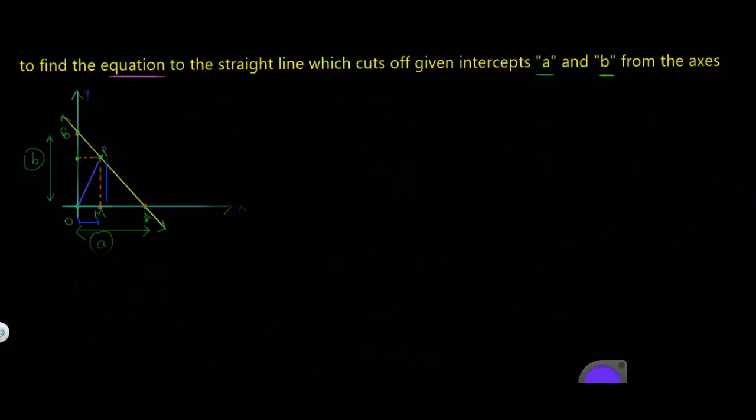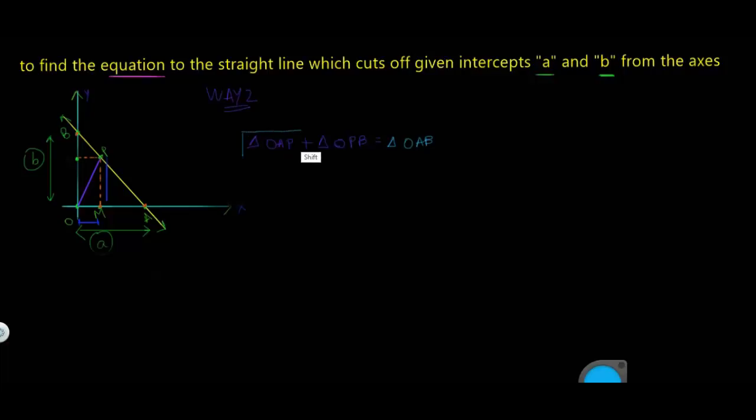Now there is another way to obtain the same equation. We have a triangle OAP, we have another triangle OPB. So the area of triangle OAP plus the area of triangle OPB is equal to the area of triangle OAB. This is true.